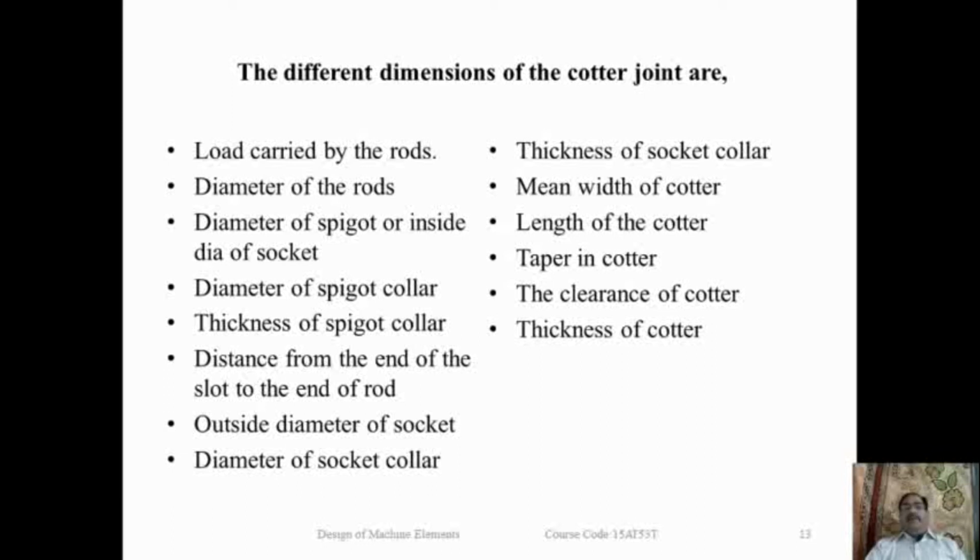After that we have to keep some clearance of the cotter along with the thickness of the cotter. So these are the different dimensions of the socket and spigot cotter joint, and we have to design all these dimensions.